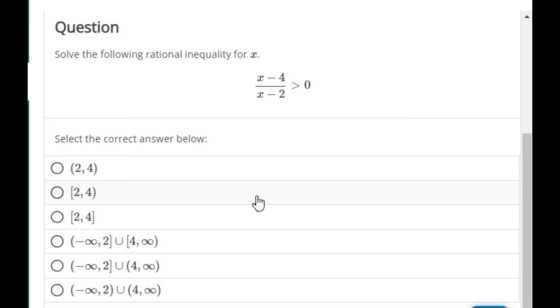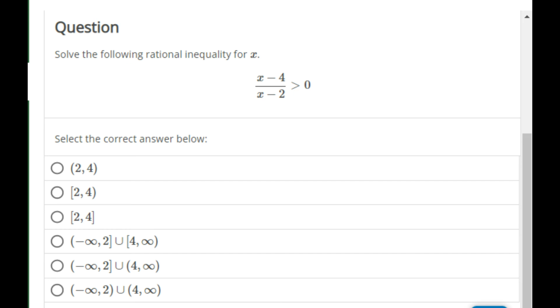Okay. And I mean, you can decide right away virtually that none of the ones that have brackets are going to be the right answer here, because it's a strictly greater than. Right?